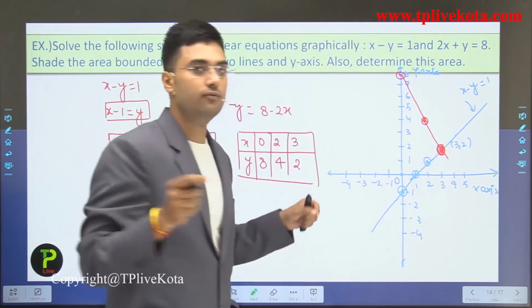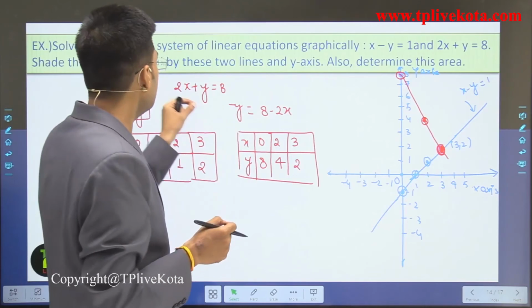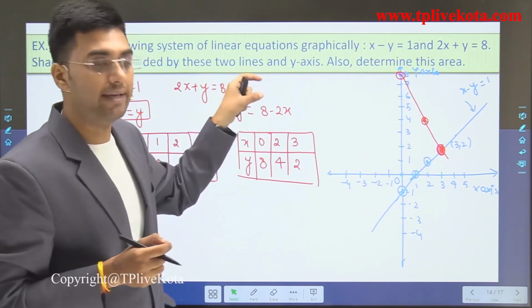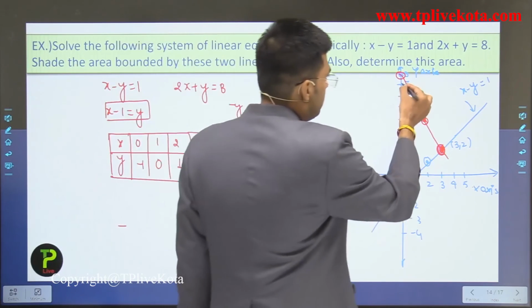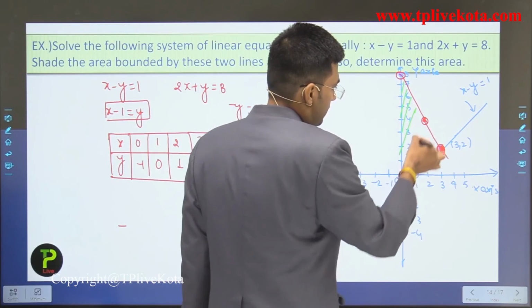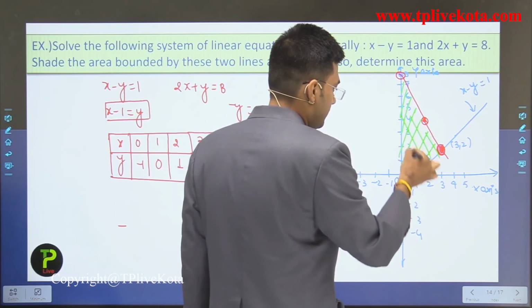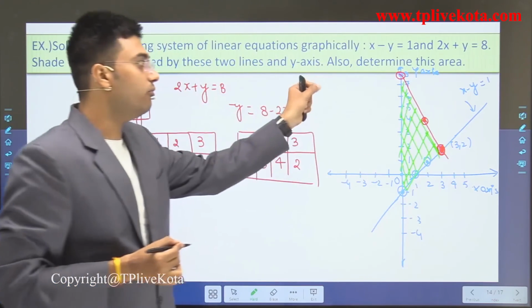So the solution for these two lines is 3 comma 2. Now shade the area bounded by these two lines and the y-axis. See, this is the area bounded by these two lines and the y-axis, and we have to determine the area of this region.